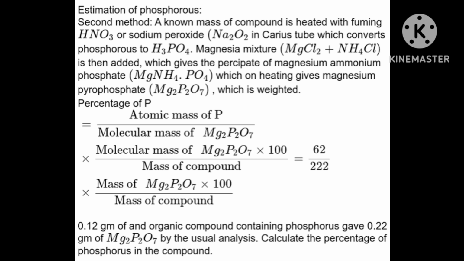That's why (NH4)3. The phosphate is PO4 3 minus. Then the 3 NH4 came, NH4 plus, NH4 plus, NH4 plus. 3 plus was there, and phosphate has 3 minus. That's why it became (NH4)3.